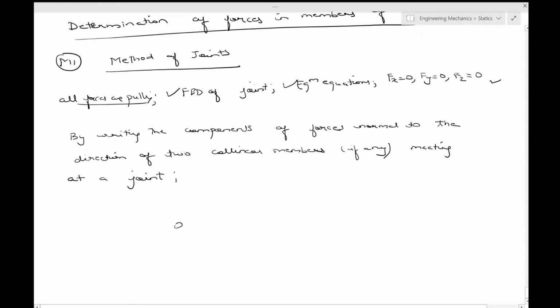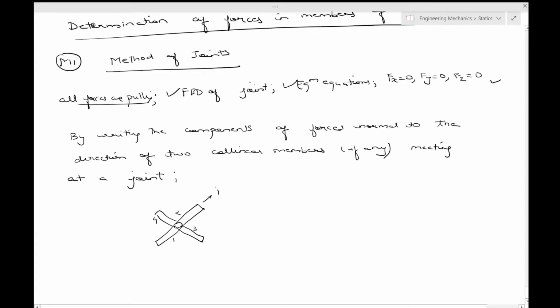This is a joint, so this is member 2, this is member 1, this is member 3, this is member 4: 1, 3, 2 and 4.